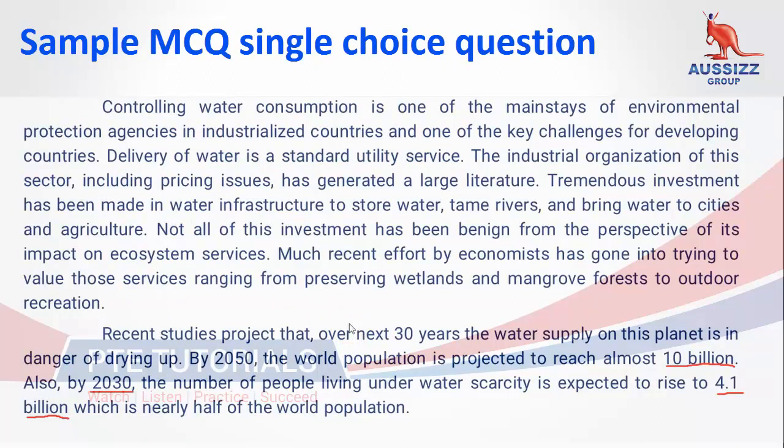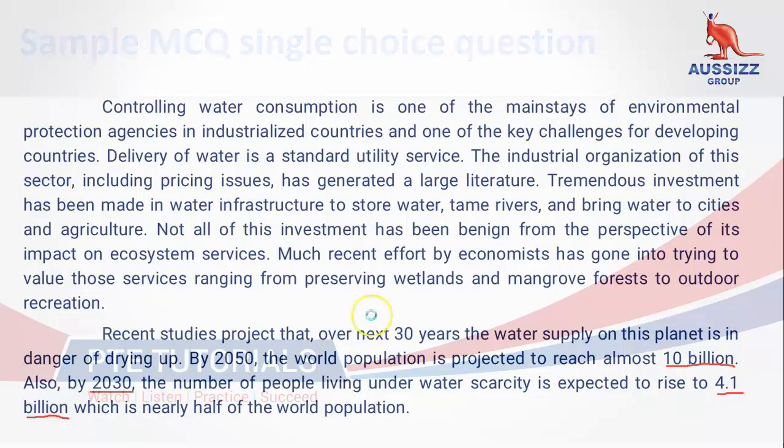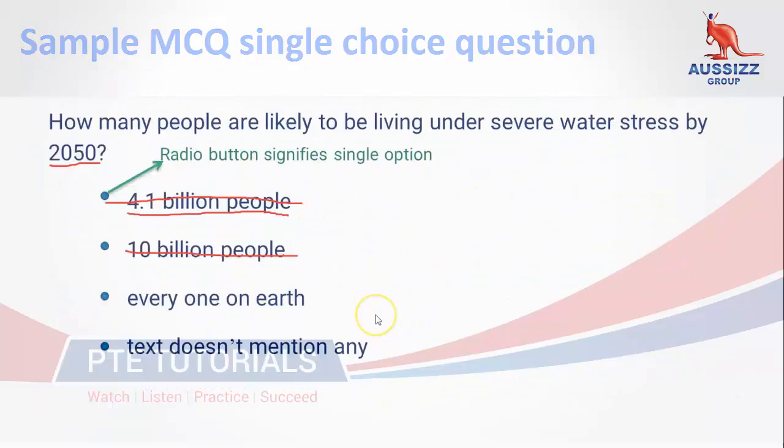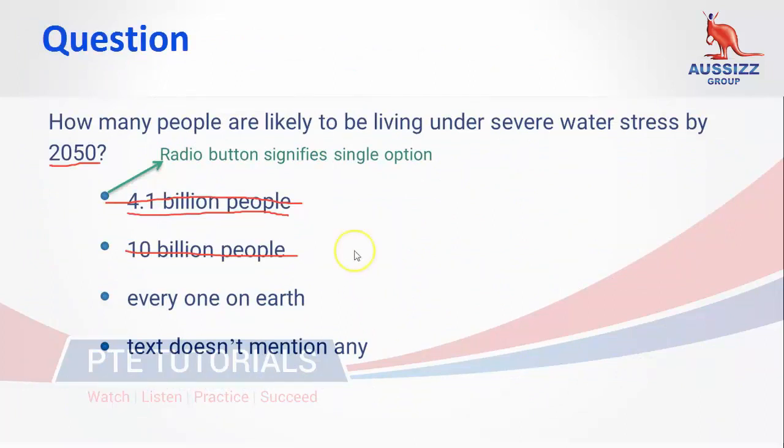Unfortunately, what we seem to be running into here is that there is no information given. You have to remember that every word in a multiple choice question is severely important. So the question is asking, how many people are likely to be living under severe water stress by 2050?